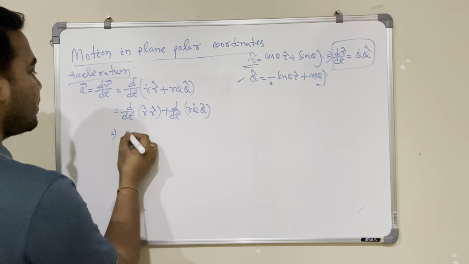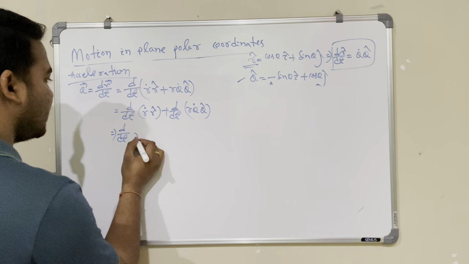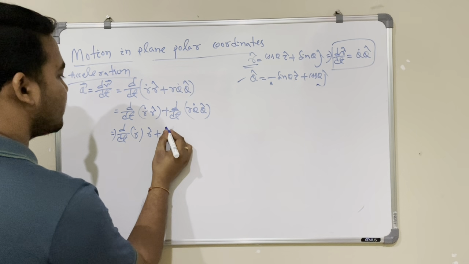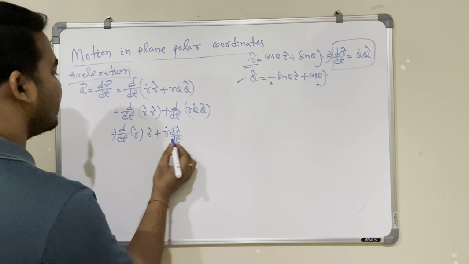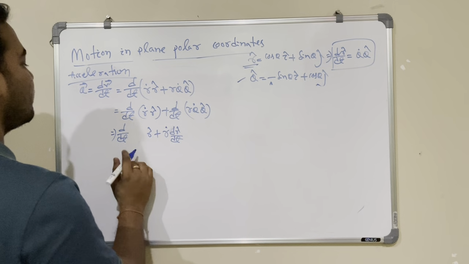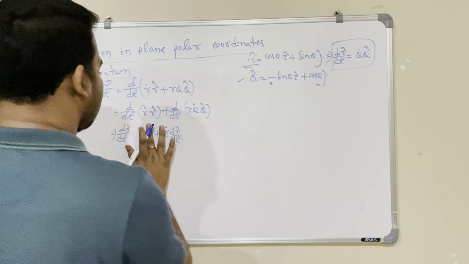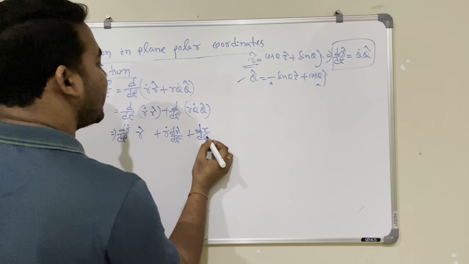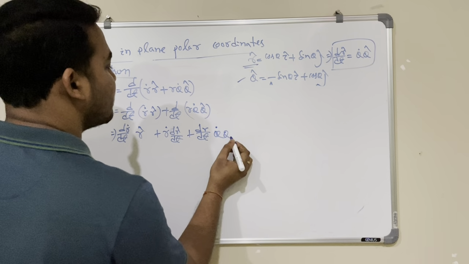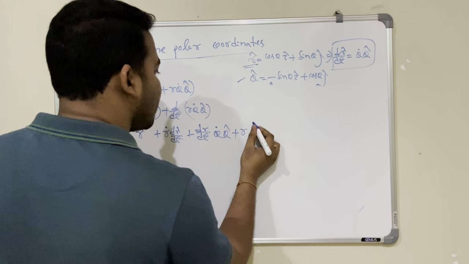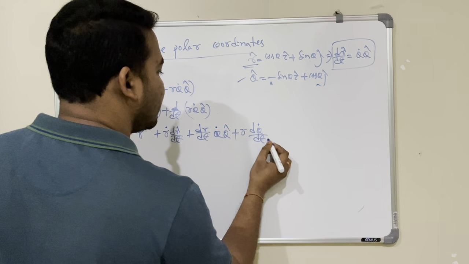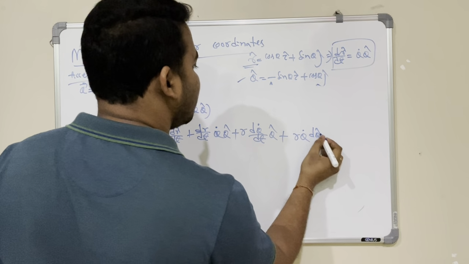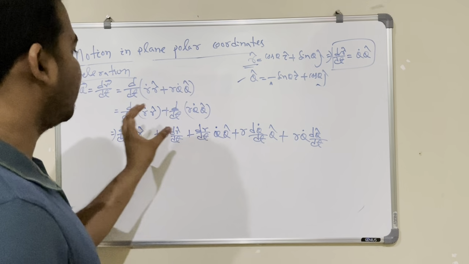So this is equal to d by dt of r dot r cap plus r dot dr cap by dt, plus dr by dt theta dot theta cap plus r d theta dot by dt theta cap plus r theta dot d theta cap by dt. We are using the product rule.